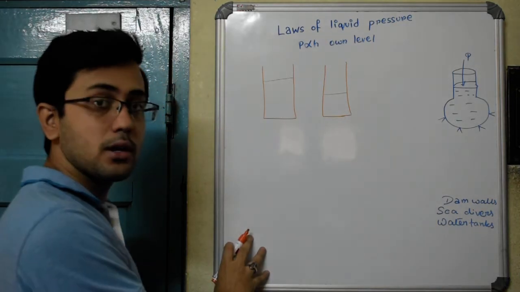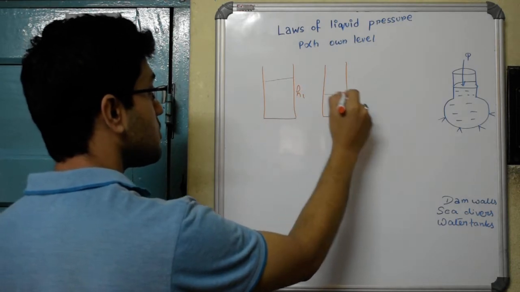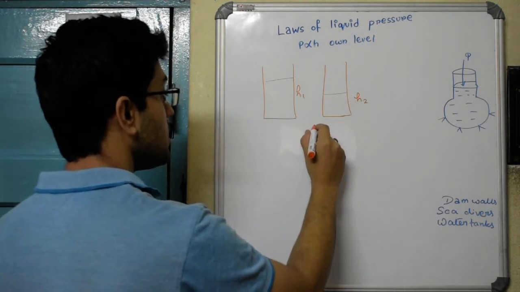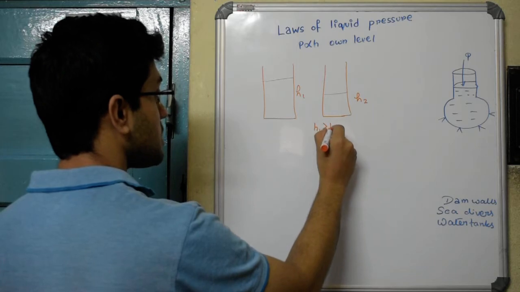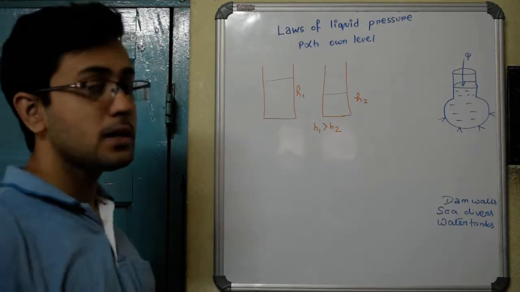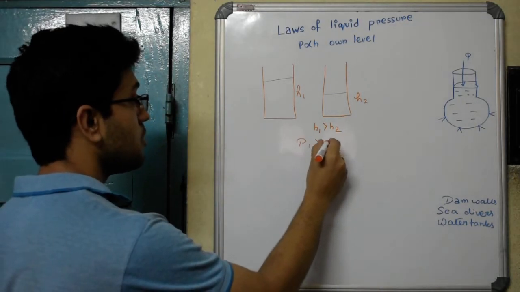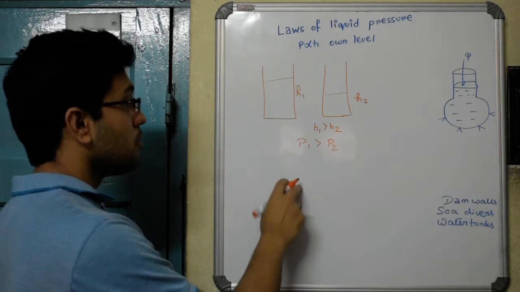Now which one has water up to greater height? This one. If this one is height h1 and this one is height h2, then the water depth h1 is greater than the water depth h2. That is visible from the diagram itself. The laws of liquid pressure say, as a result, pressure 1 will be greater than pressure 2 because this height is greater.